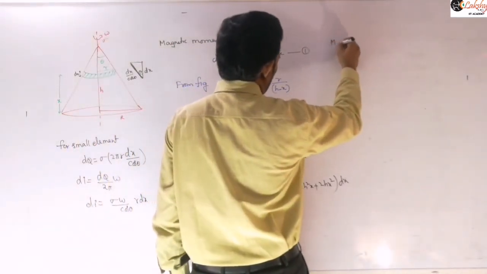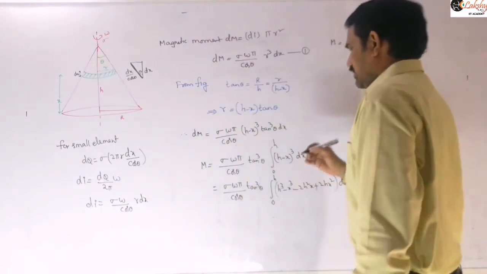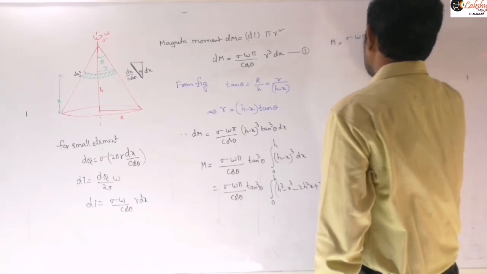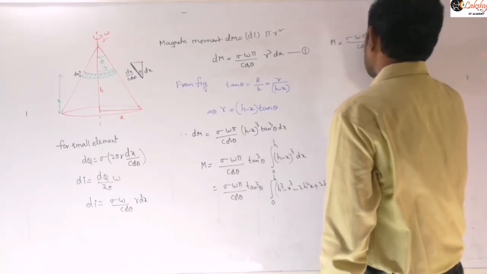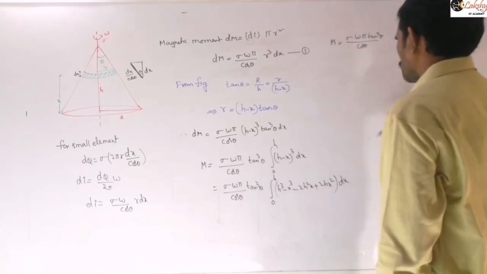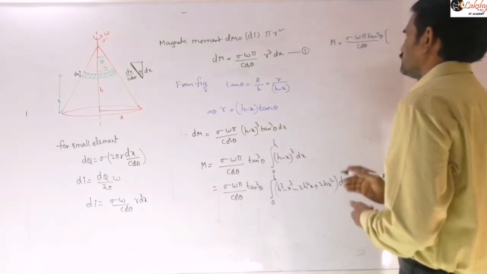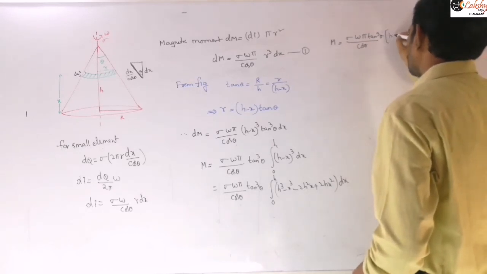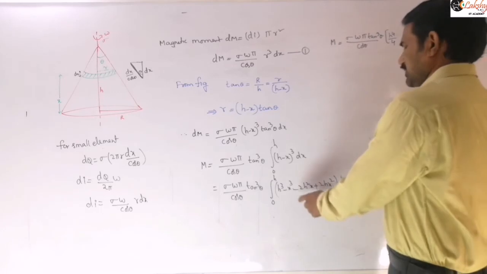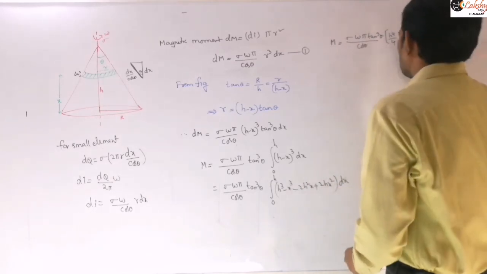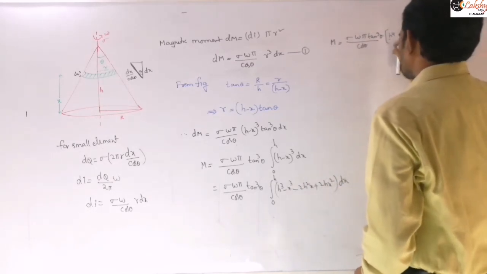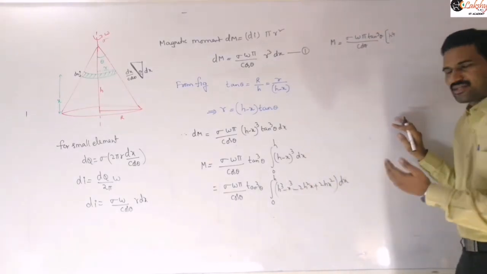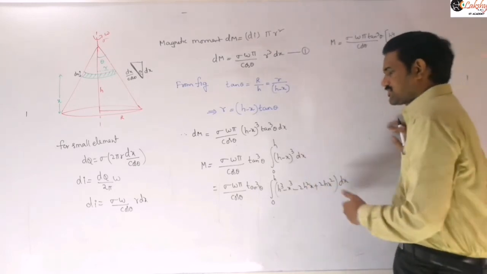Therefore this m is equal to sigma omega into pi tan cube theta by cos theta, and this expression you can write as, so this is h into, that means h power 4, just h power 4 you will get, because h cube is a constant value. Just h cube into dx means you will get h cube x, and limits I am substituting there.